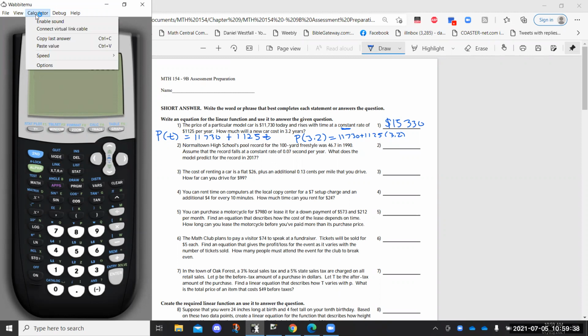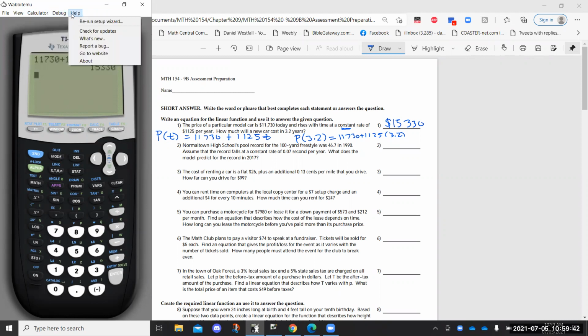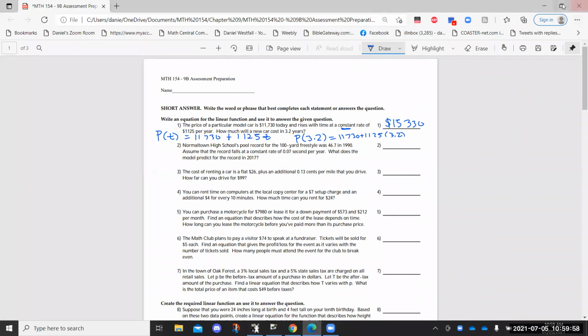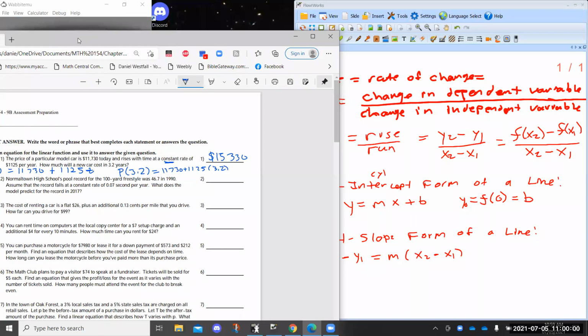It should, but it doesn't. Let's see if it's down here. It's not. All right. Let's do this then, so that I can continue to see both of them.